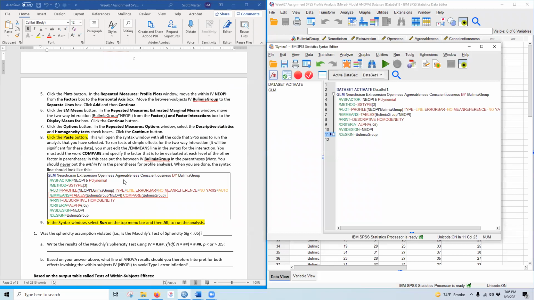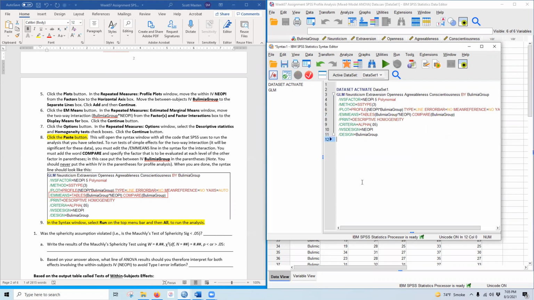I tell you, you've got to add some stuff here to get the first set of simple effects tests that compares bulimia group between the levels. To do that, we go to this line that says EMMEANS right here, and we make it look like this. We're going to type COMPARE, and in parens, I'm going to copy this so I don't make a typo, bulimia group.